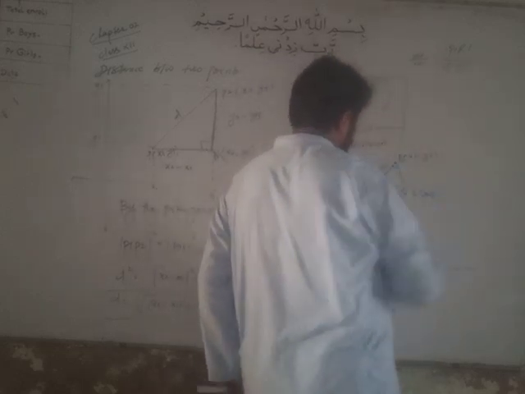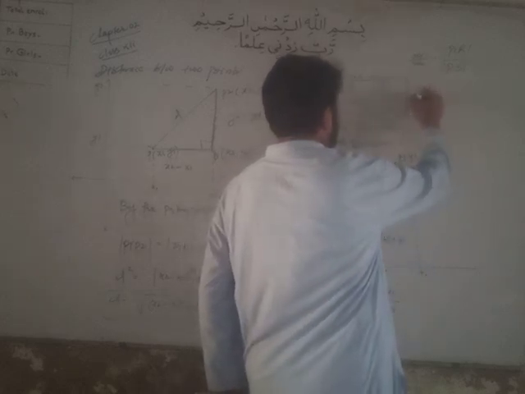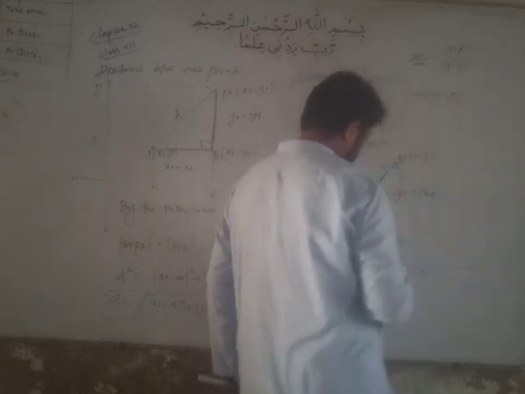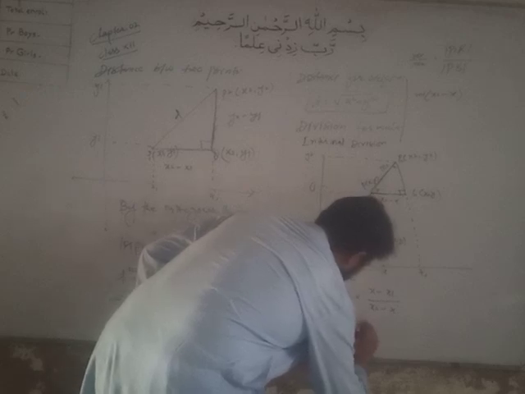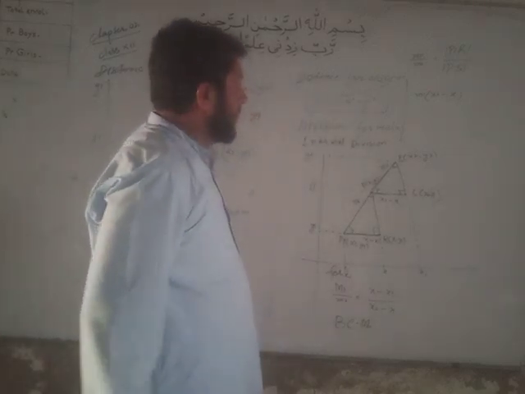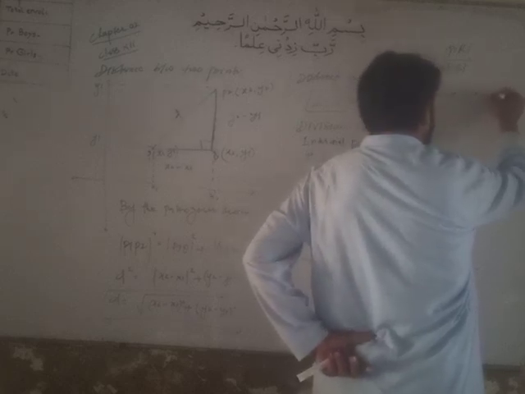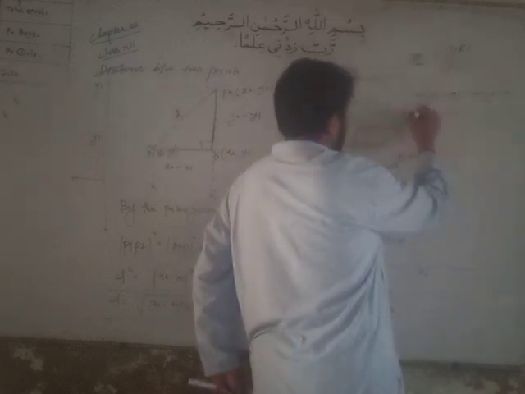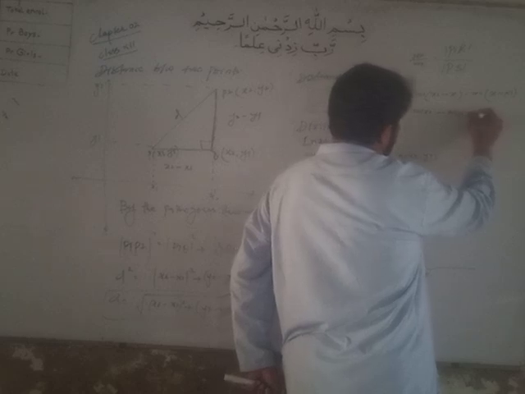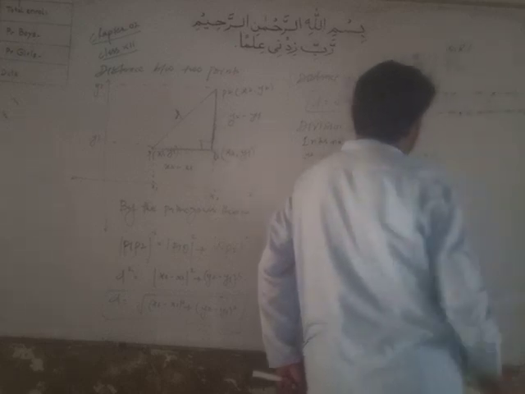Calculate this. When we calculate this, we can say m1 into x2 minus x, by cross multiplication, is equal to m2 into x minus x1. So this will be m1 x2 minus m1 x is equal to m2 x minus m2 x1.